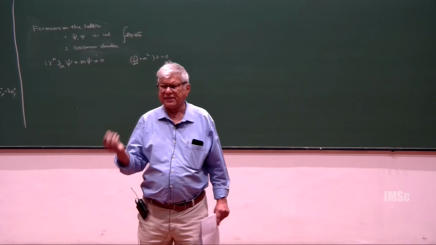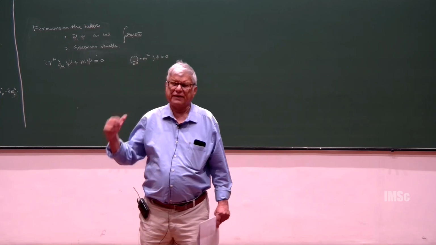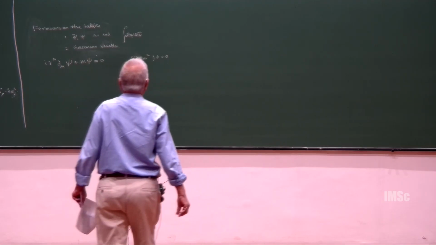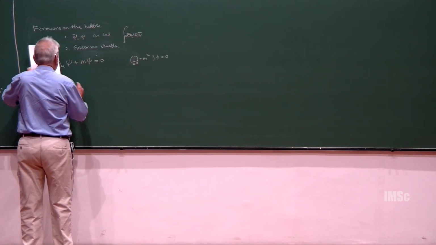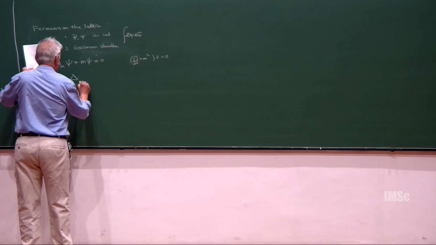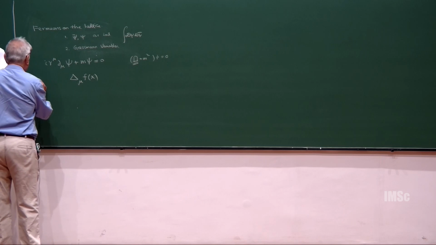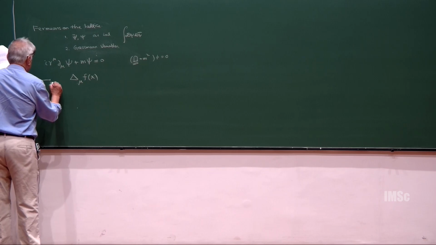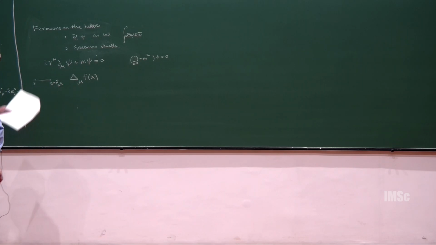So let's take the simplest choice, and that was to replace derivatives by forward difference. And the forward difference I already introduced in the early lectures. So the forward difference in the mu direction of a function of x. So here is x, and in the forward direction, this is the nearest neighbor in the mu direction at a distance which is the lattice spacing.